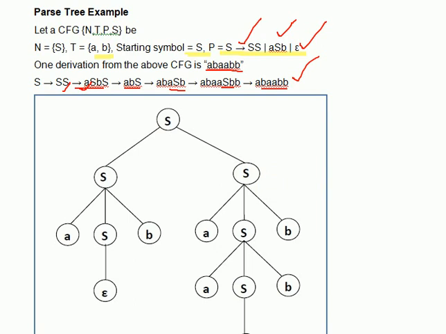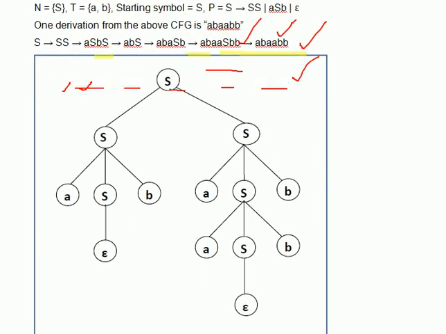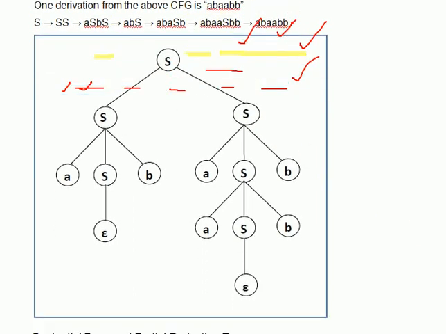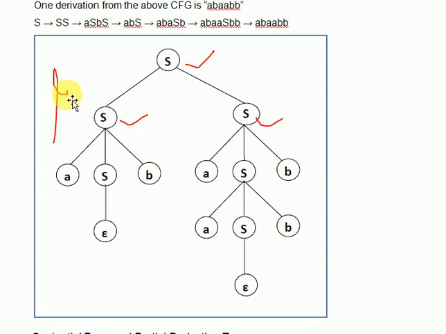Now we have to draw the parse tree. So we will start from start symbol S. Here is start symbol S, and S is reduced into S and S. We will expand the tree into two vertices, S and S. Now S is again expanded. You have to start from the left and go towards the right.